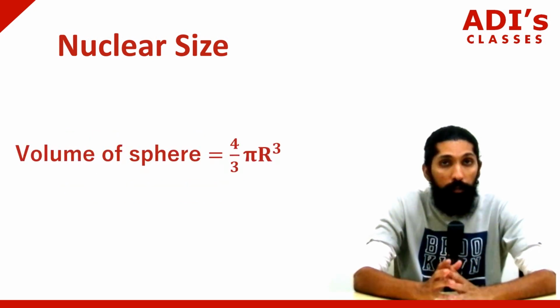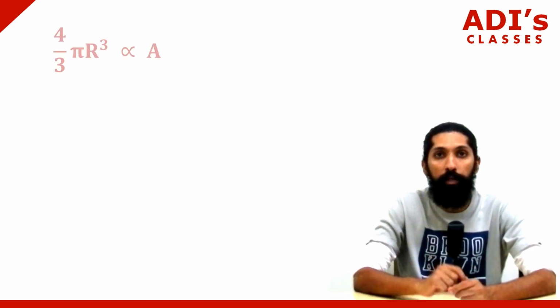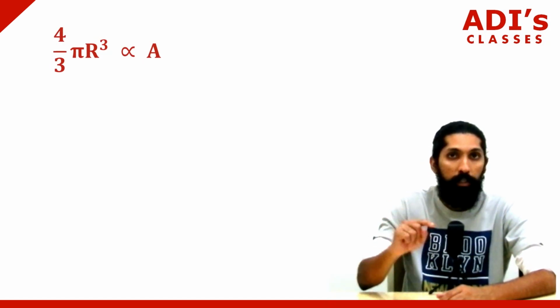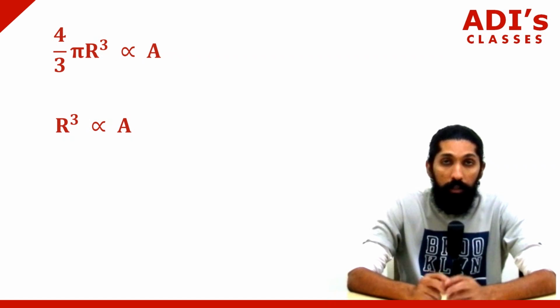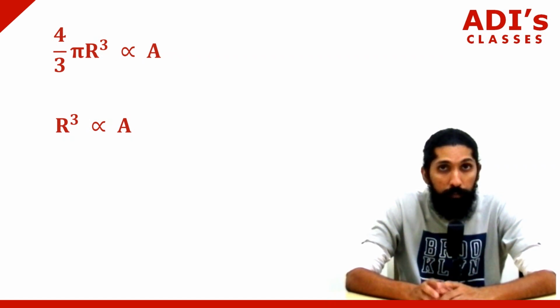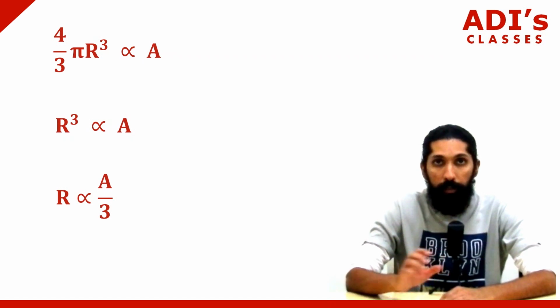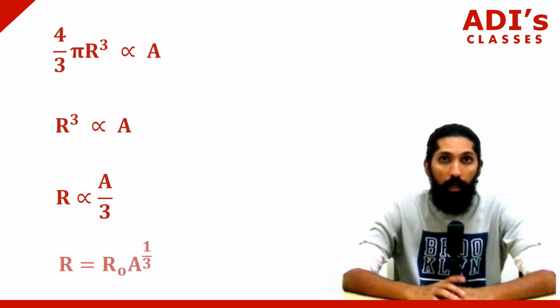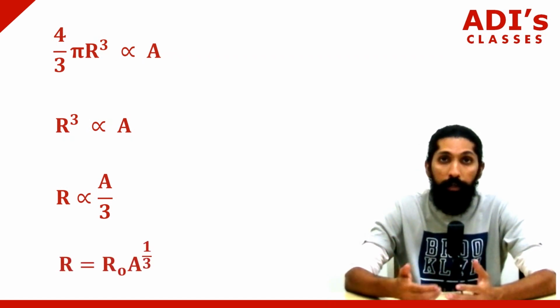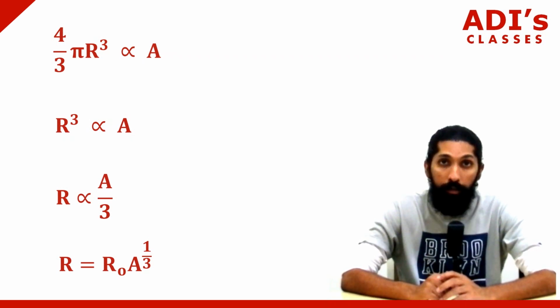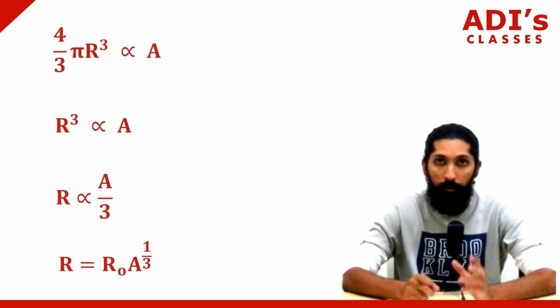So the volume of a sphere is what? 4/3 pi r cubed is proportional to A. Now 4/3 pi is constant, isn't it? So now we have r cubed proportional to A, or r proportional to A to the power 1/3. Now to remove this proportionality, we introduce a constant, so that r equals r naught A to the power of 1/3.